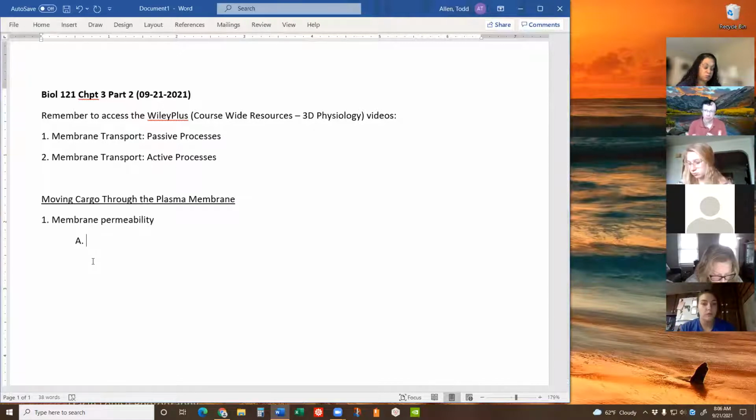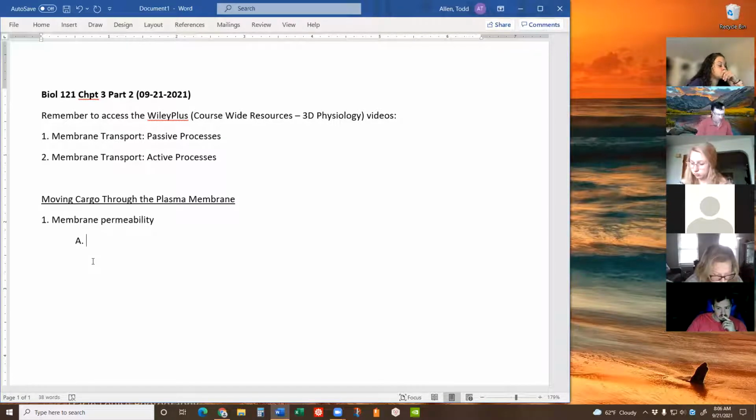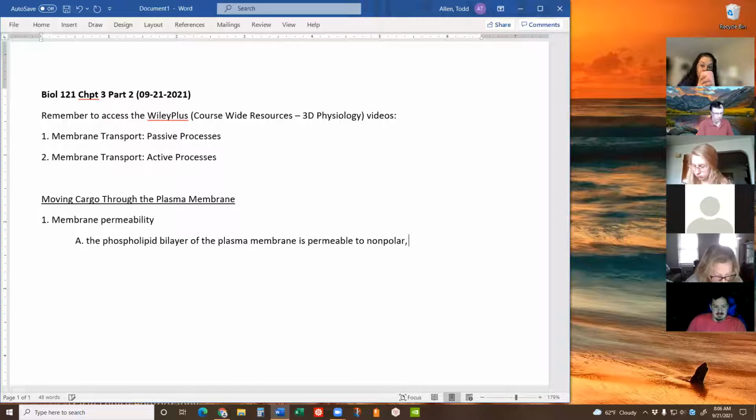If it's impermeable, it does not allow material to go through it. So the phospholipid bilayer of the plasma membrane is generally permeable to nonpolar, uncharged molecules.